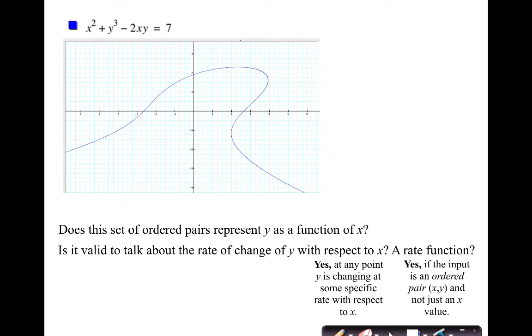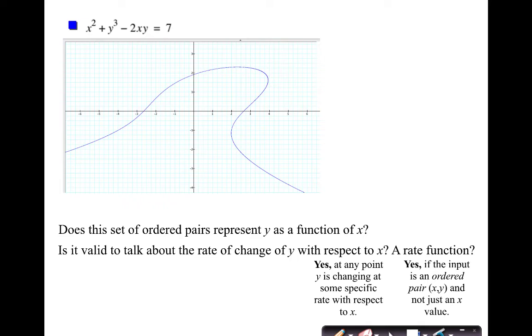if I have not just an x value, but an xy pair, I can specify what the rate is. So just like we were talking about before, if I said, oh, x is 2.2 or something, well, you have to tell me not just what the x value is, but also which y value you're talking about to nail down one specific point on the curve.